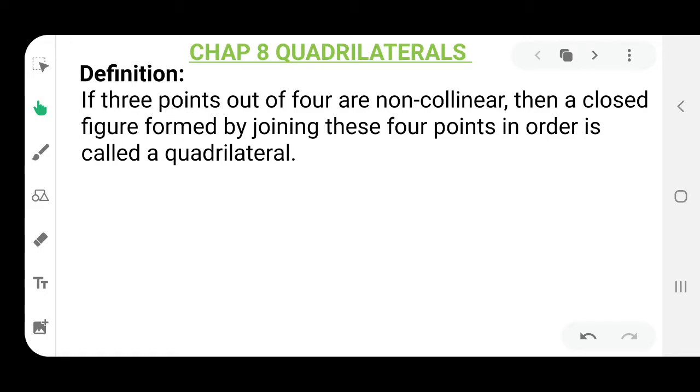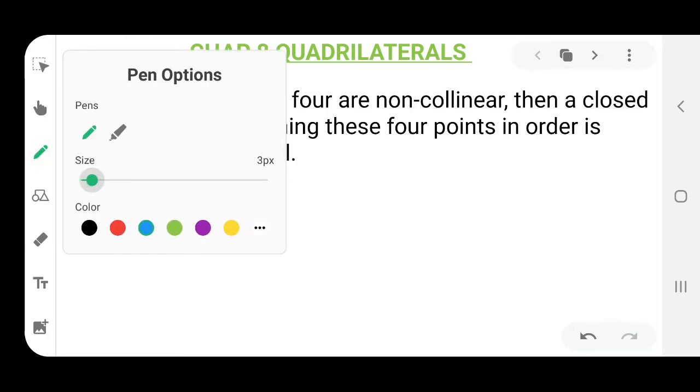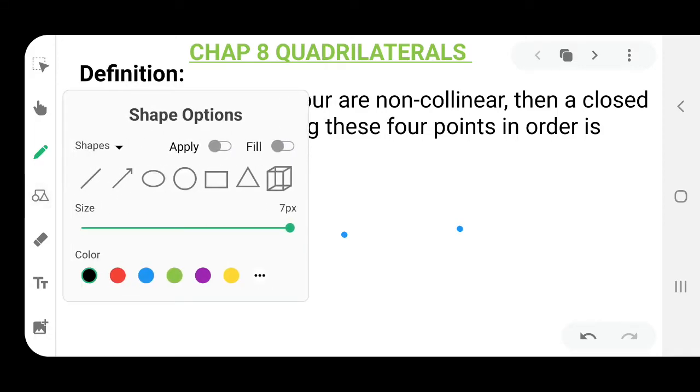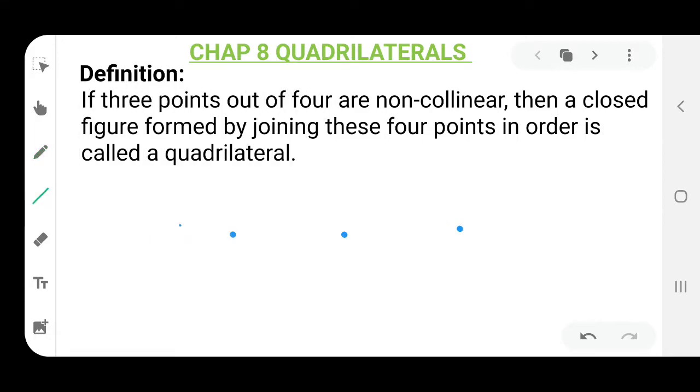Now, what is non-collinear? Non-collinear means not in the same line. Let's understand first what collinear points are. Collinear points means when there are 3 points, suppose the points are like this: one, two, and three. If we join these 3 points, we get a straight line.